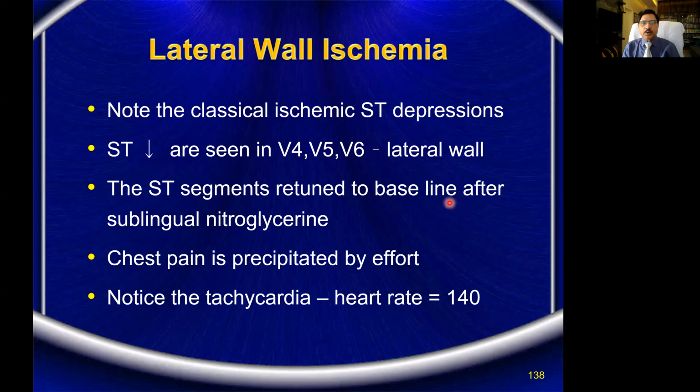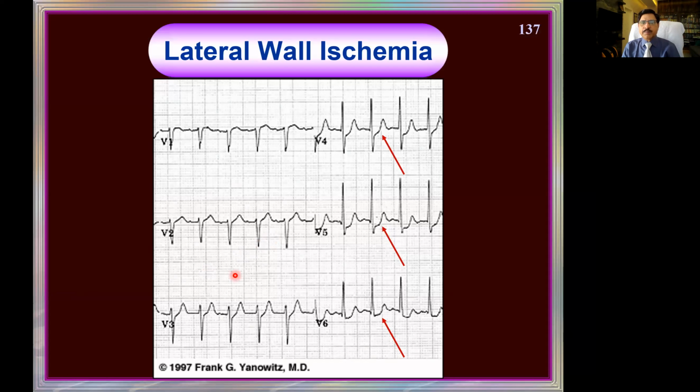ST segments return to baseline after sublingual nitroglycerin. In this patient, we gave sublingual nitroglycerin and the ST segment returned to normal. Chest pain is precipitated by effort. Notice the tachycardia, the heart rate is 140. So after nitroglycerin it comes back, then it is an ischemia, which is transient, and it is chronic stable angina.